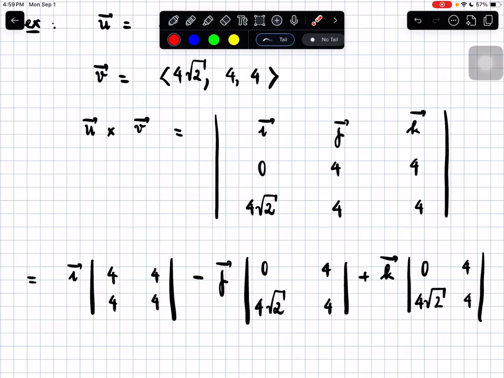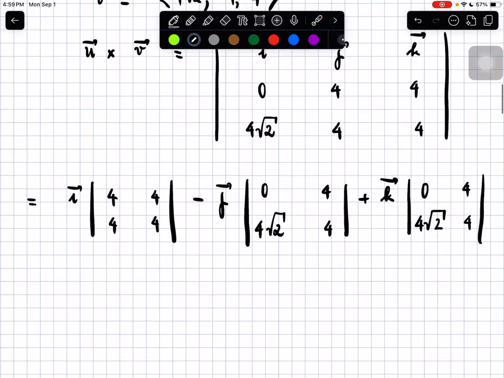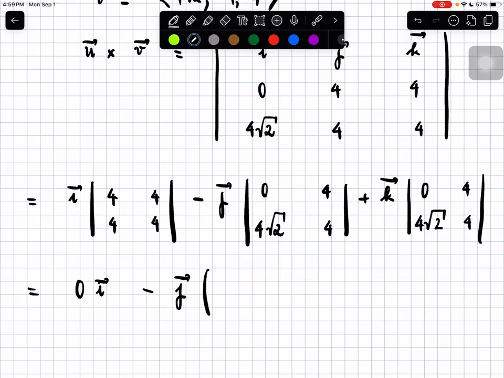One way you can see that is 4 times 4 minus 4 times 4. So the first one is 0 times i. The second one is 0 times 4 minus 4 times 4 root 2, so 0 minus 4 times 4 root 2. The last one is k, and again this is 0 minus 4 times 4 root 2.